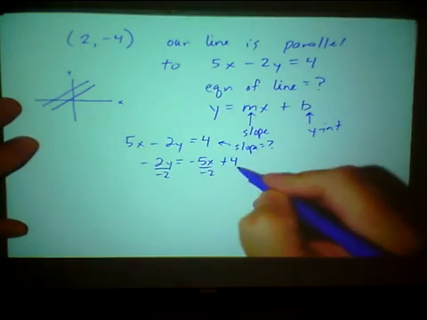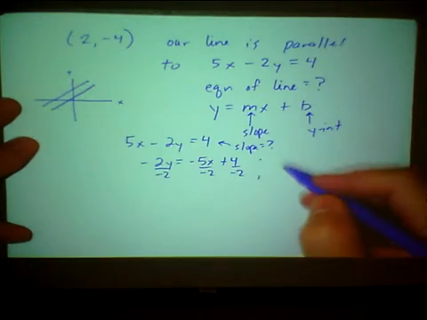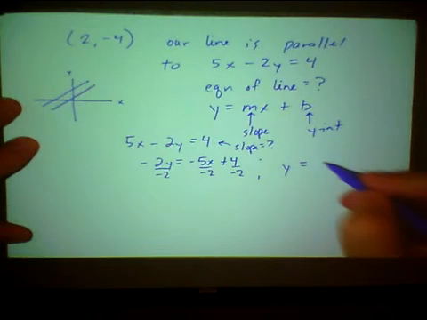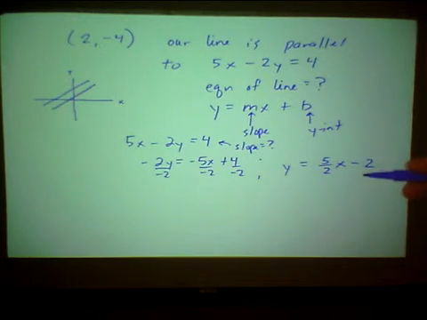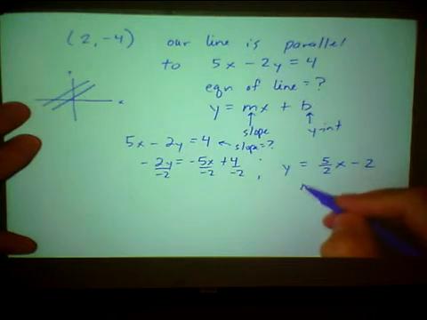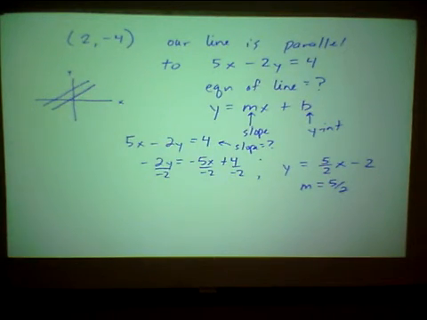So everything gets divided by -2. So when we're all done, we have y equals 5/2 x minus 2. So the slope of this line is 5/2, which is going to be the slope of my line.